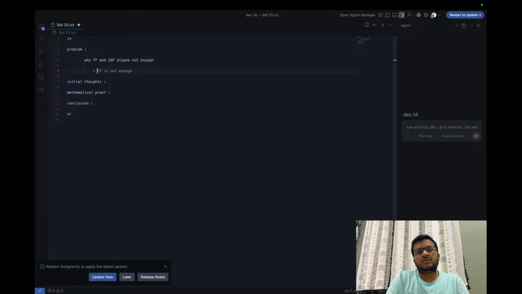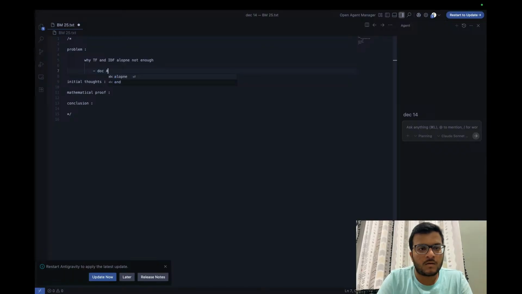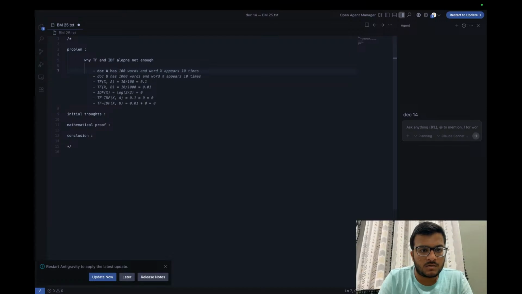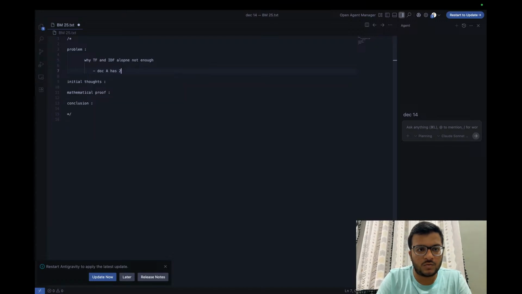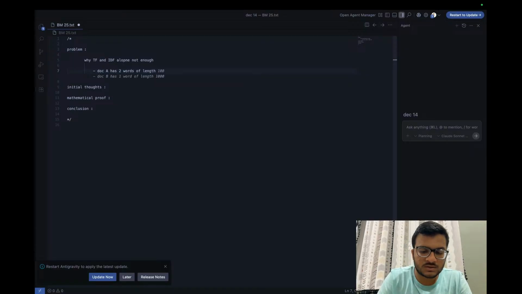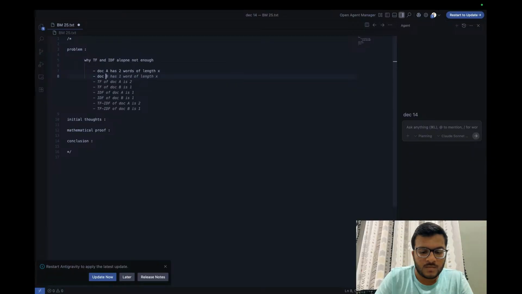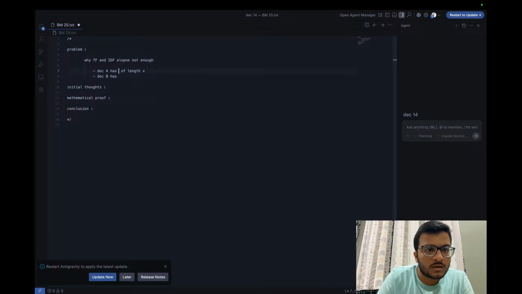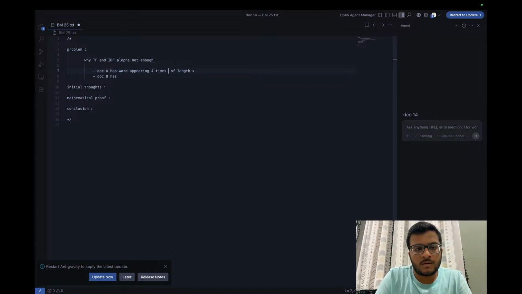So think about this case, where you have one document, document A. Assume that doc A has a word appearing 4 times, of document length x.